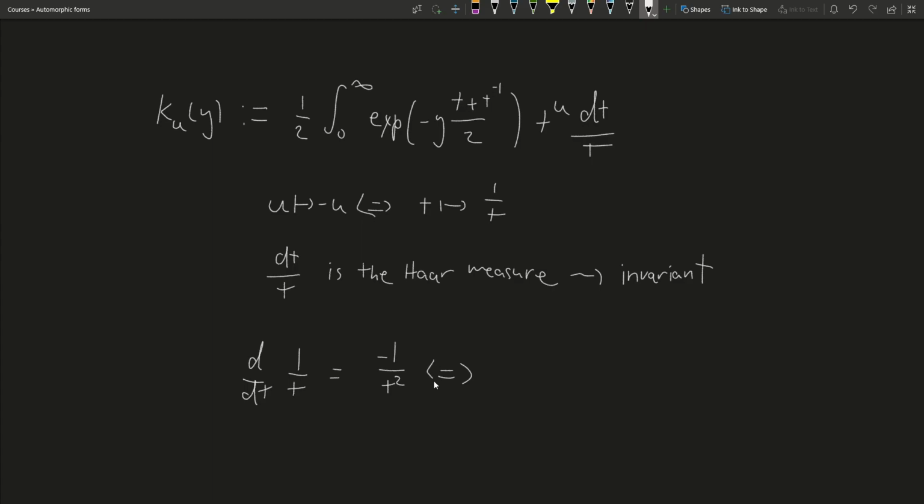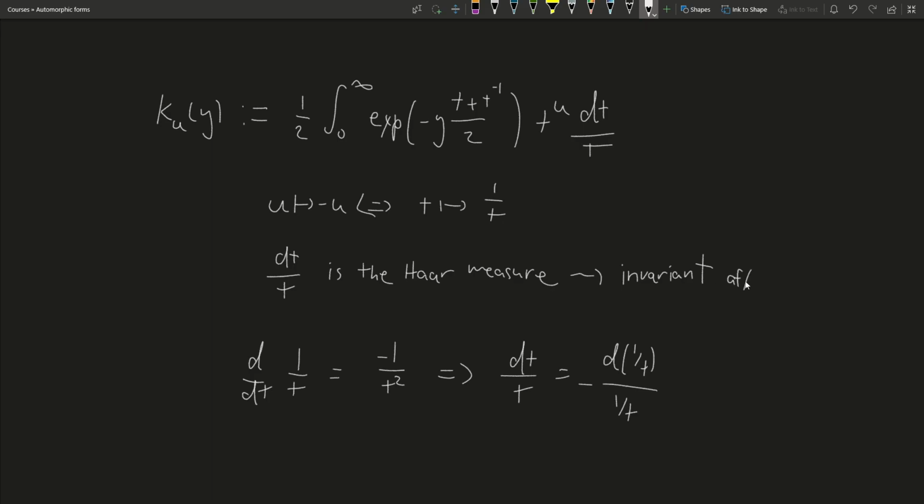So this is going to imply that dt over t is equal to d(1 over t) over (1 over t), with a minus sign coming from here, but we also have to swap the bounds of integration.